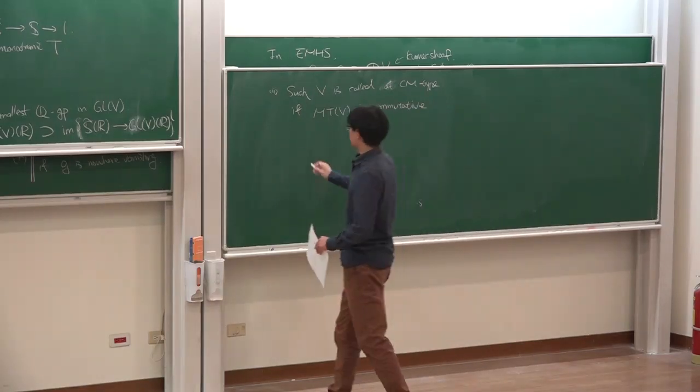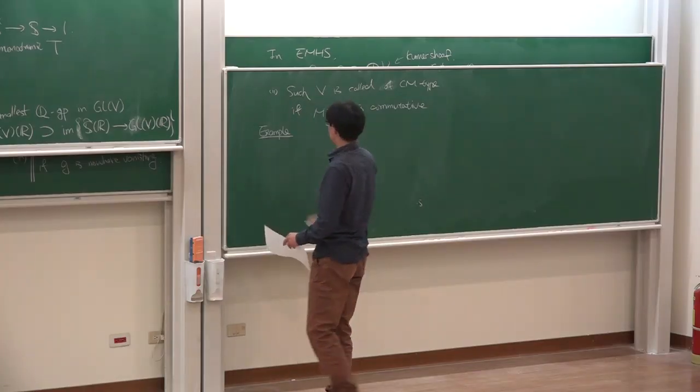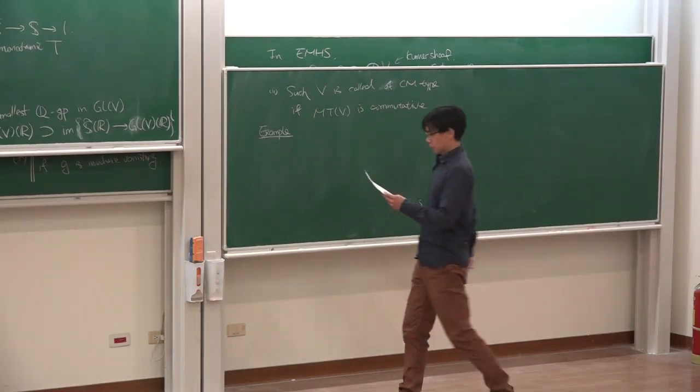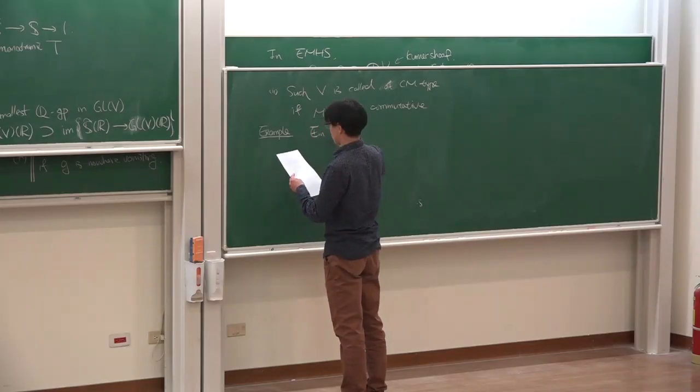The basic example is that the gamma motives are of CM type.